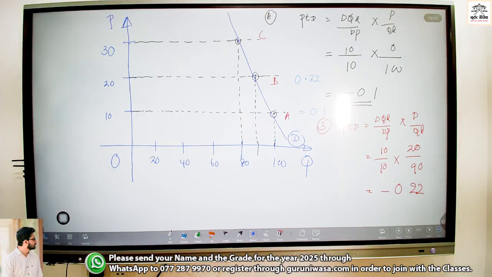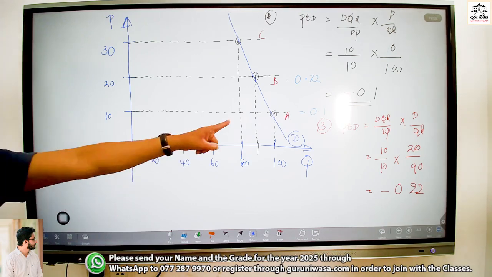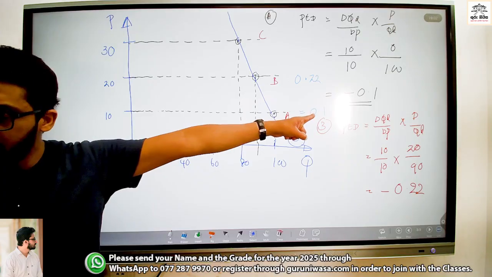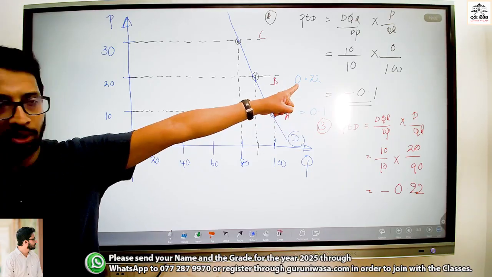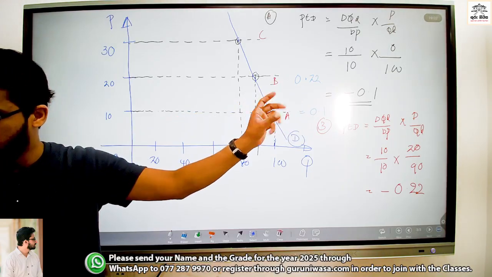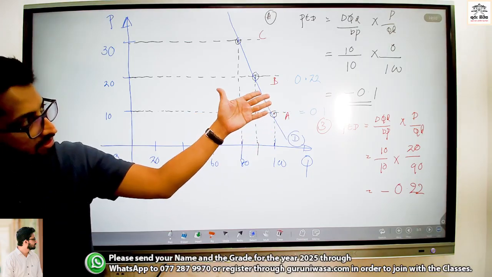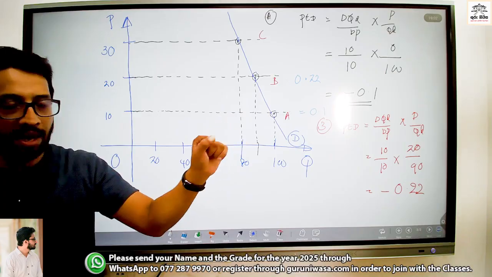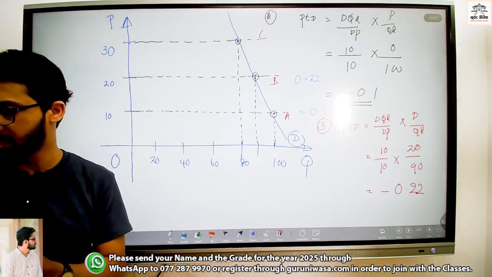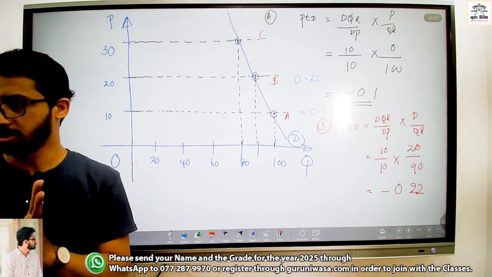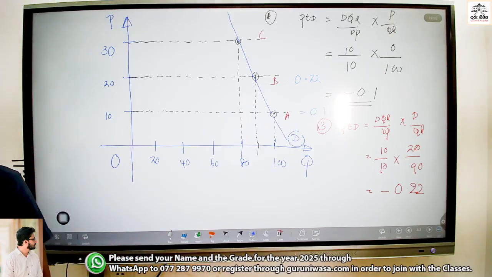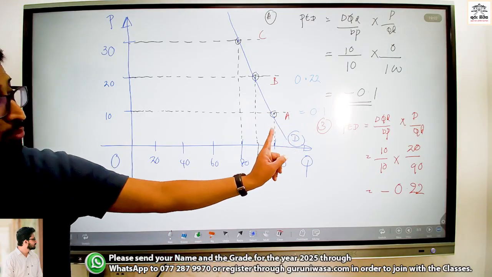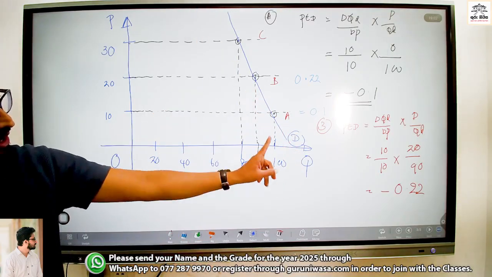Dipna, Kalana, any doubt? Write this down. At point A the PED value is 0.1, at point B 0.22. The PED value changes point to point in this category, while the perfectly inelastic category doesn't change. What happens when moving upward along this demand curve?